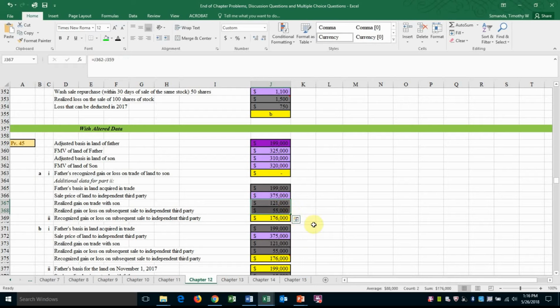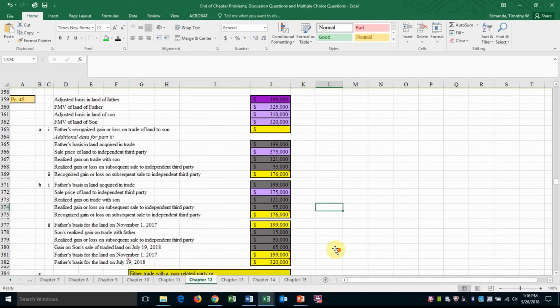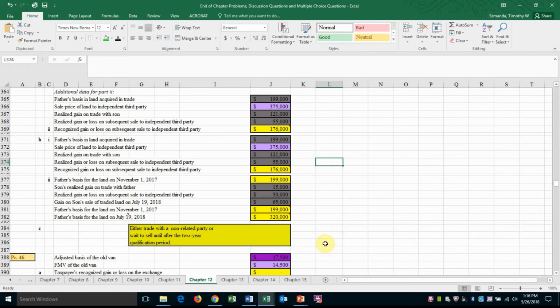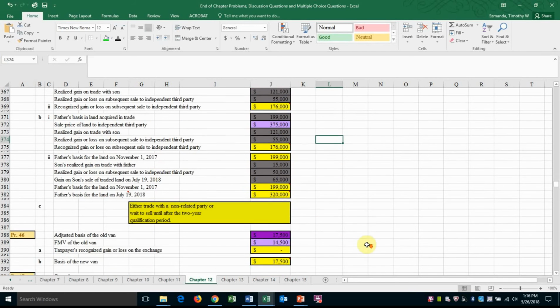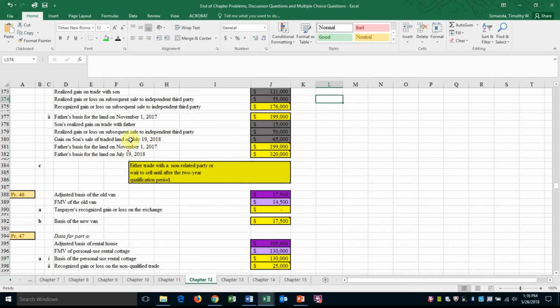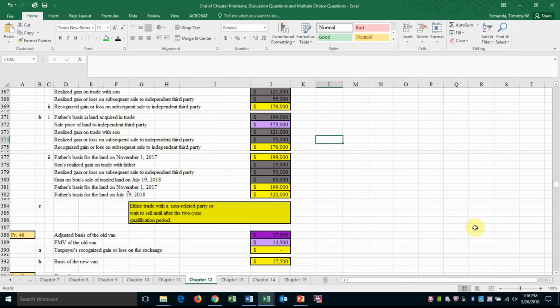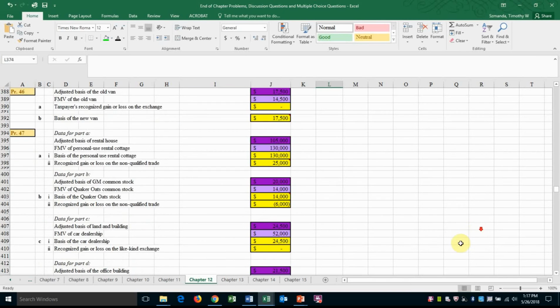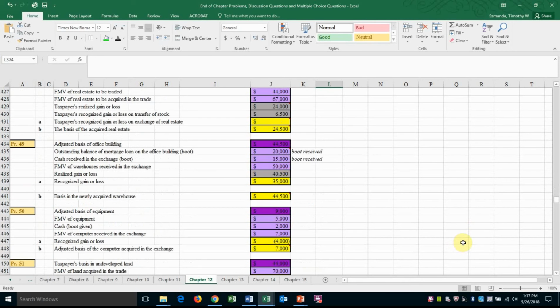Add those two together, 121 and 55, and you're at $176,000. The other two are calculated similarly. Since I provided a template for this chapter, you can experiment and calculate the rest of problem 45.